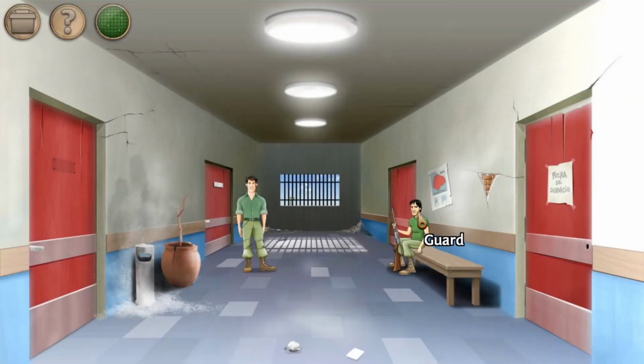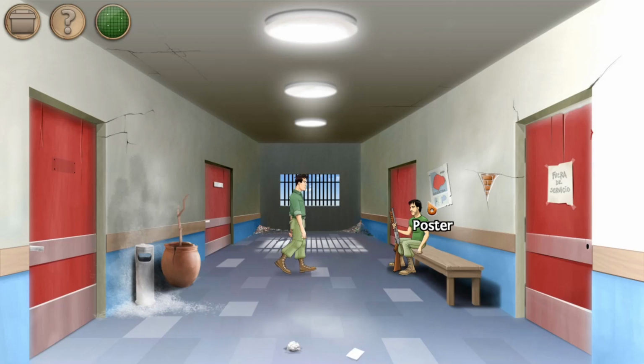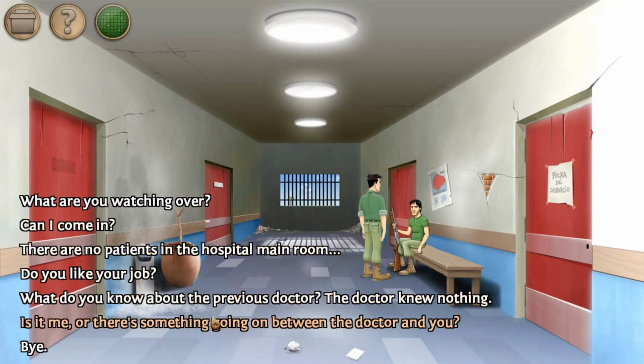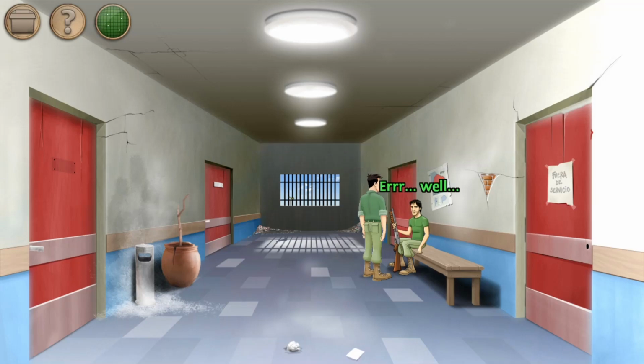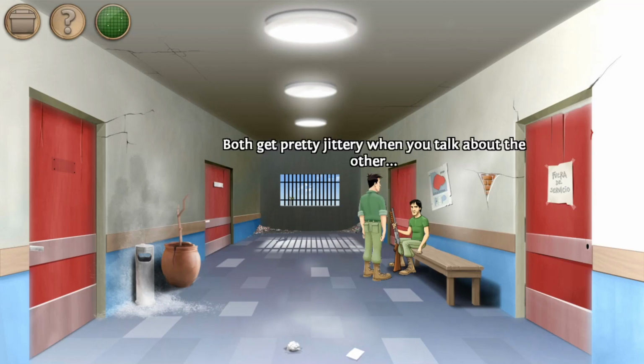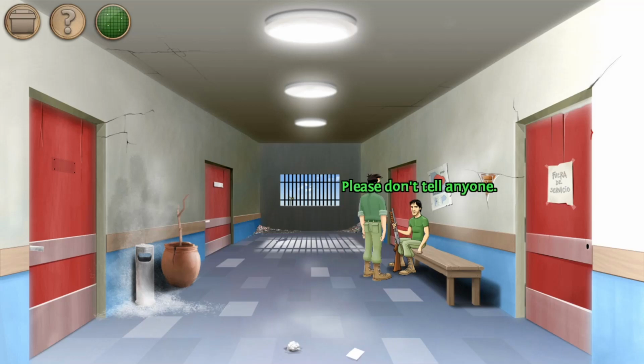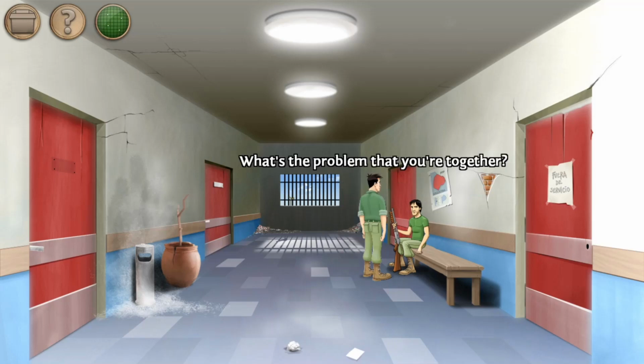So let's exit and talk to the guard again. Hi. Hi. Is it me or there's something going on between the doctor and you? Well, how did you realize? Both get pretty jittery when you talk about the other. Please, don't tell anyone. What's the problem that you're together?